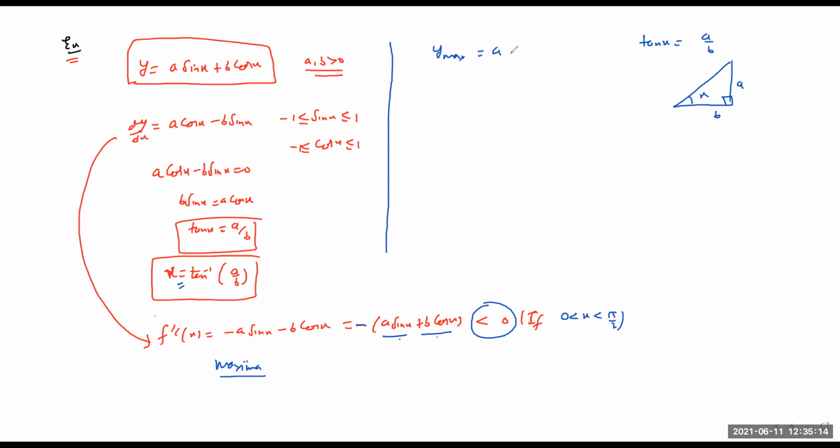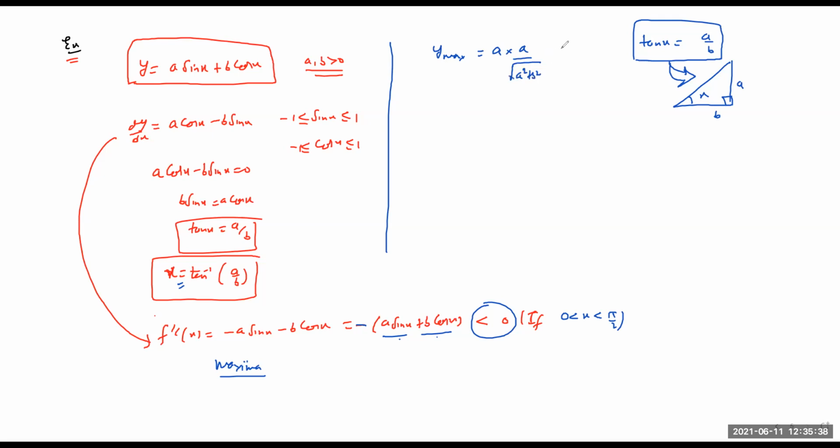It's written like this: a sin x plus b cos x. For this angle, we have a triangle I have drawn here, and from here you can find sin x. What is sin x from this triangle? Tell me, guys. It will be a upon under root of a square plus b square.